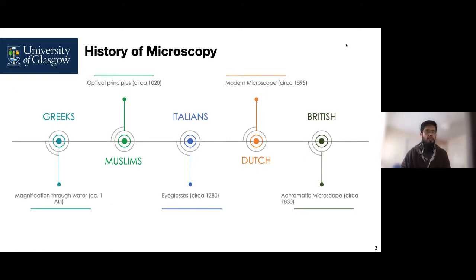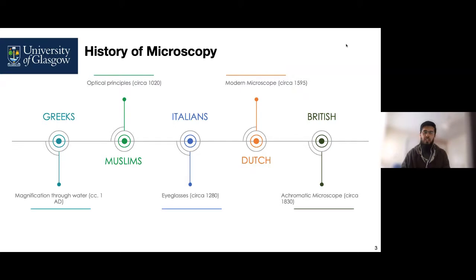So the history of microscopy dates back several thousand years of human civilization. The earliest evidences of scientific observations and development in the fields of optics, the Greeks are basically responsible for that.